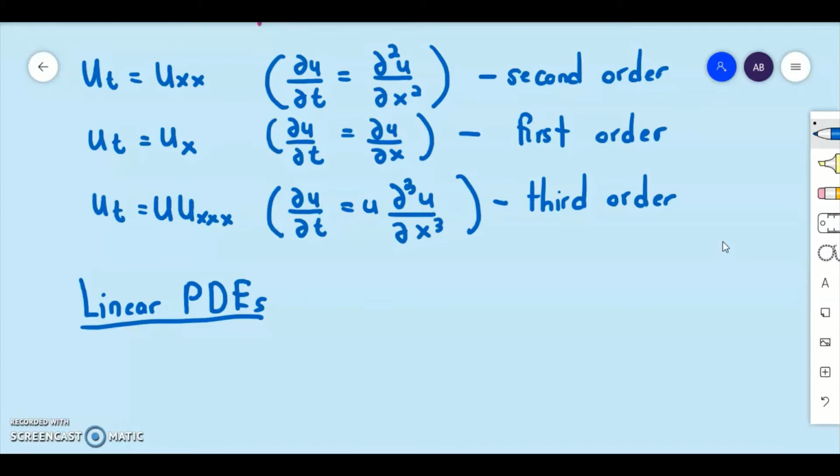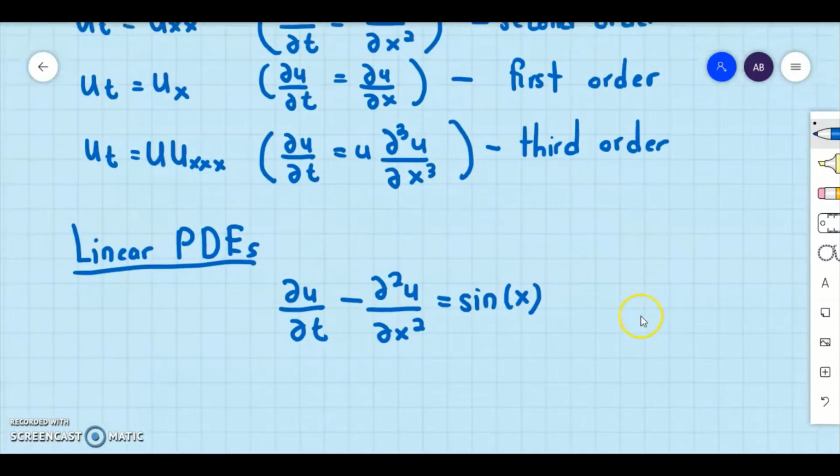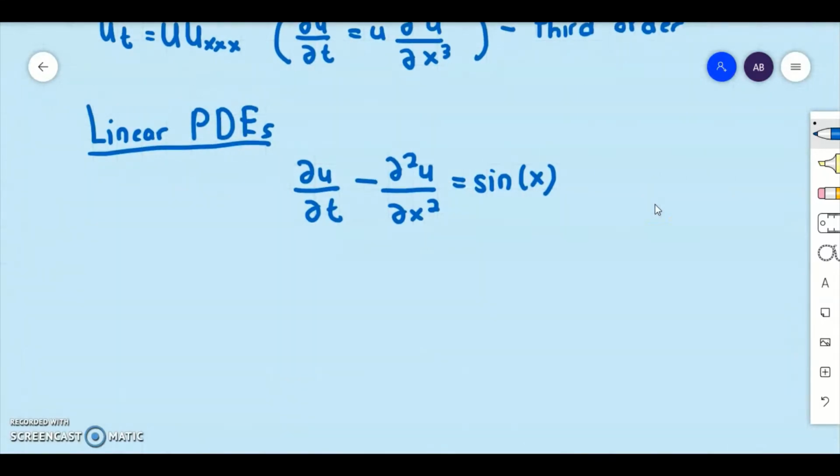For instance, if I have partial u over partial t minus partial squared u over partial x squared equals sine x, I can introduce a linear operator such that Lu = f, where f(x) = sine x.